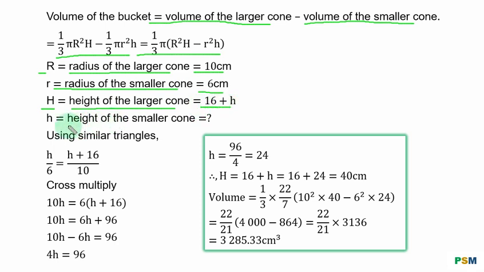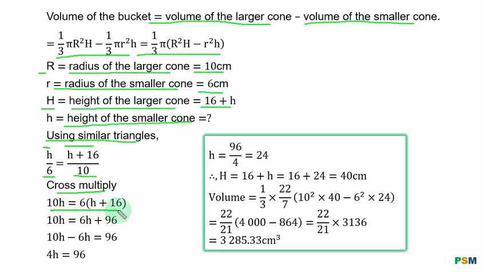The height of the smaller cone is unknown, but using similar triangles, height of the smaller cone over its radius is equal to height of the larger cone over its radius. Cross multiply to clear fractions. You have it in this form.